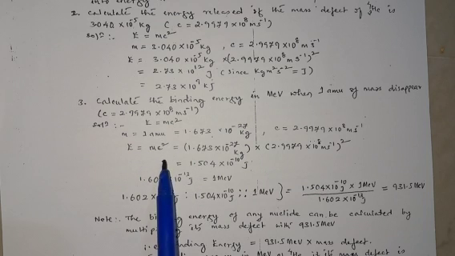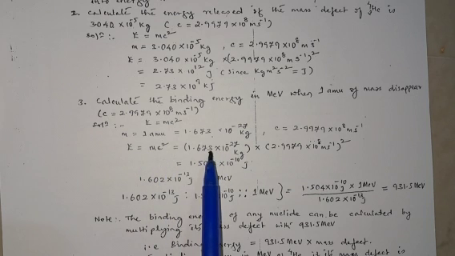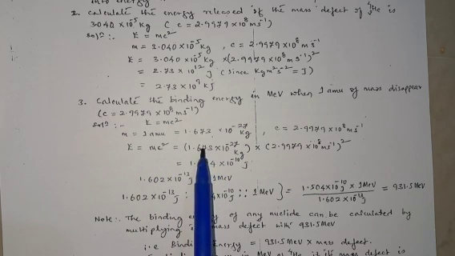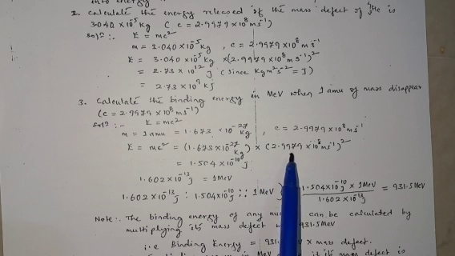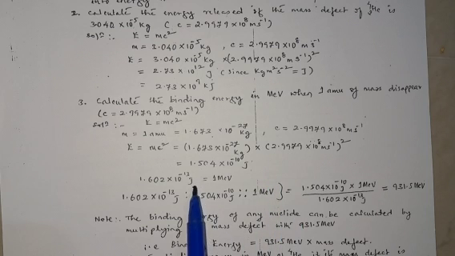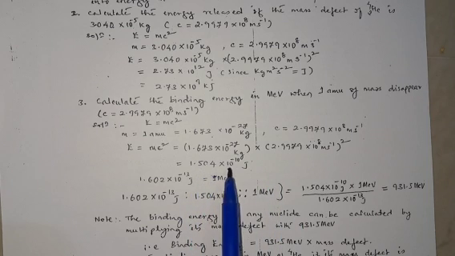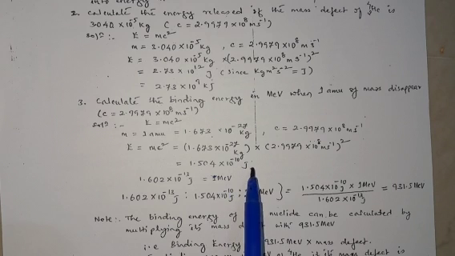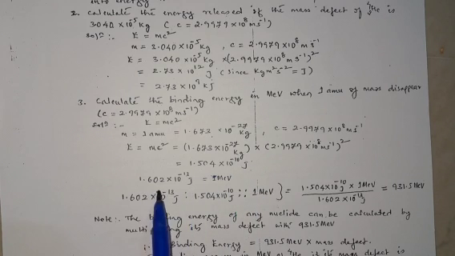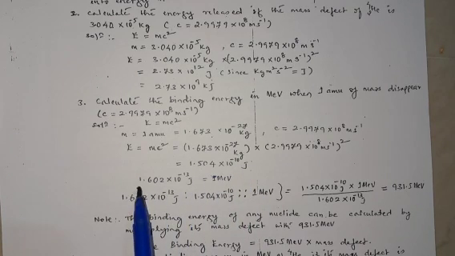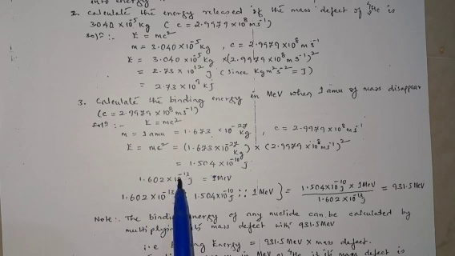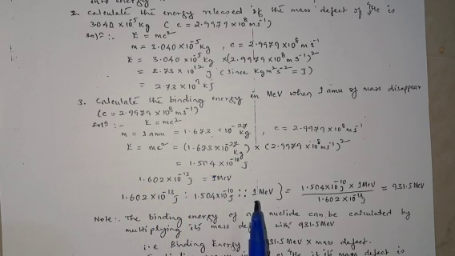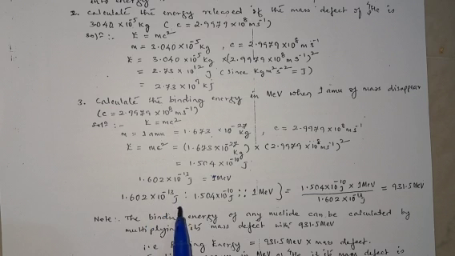When you substitute the mass and c square, you will get 1.504 into 10 power minus 10 joules. So 1 AMU is equal to 1.602 into 10 power minus 13 joules. Therefore 1.60 into 10 power minus 13 joules is equivalent to 1.504 into 10 power minus 10 joules.